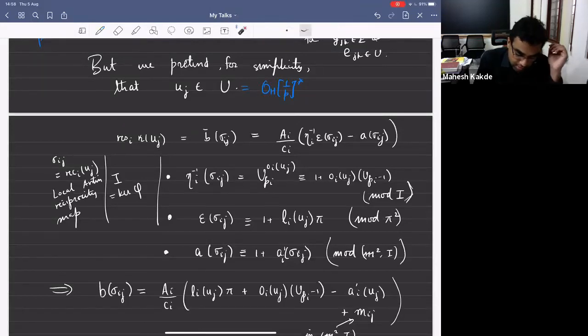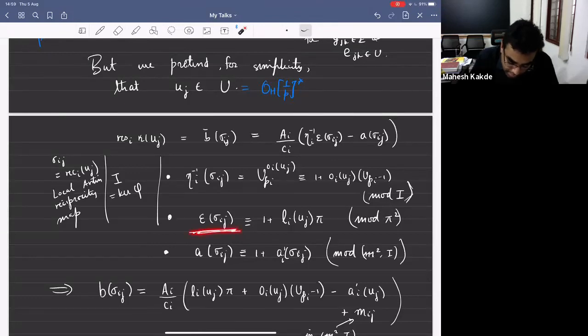So this is why you have this, right? And then I can work modulo some, what was I, this is the kernel of phi. So modulo this thing, I can write it like this. This is just approximating this with this. Okay, but this is just unraveling the definitions again.